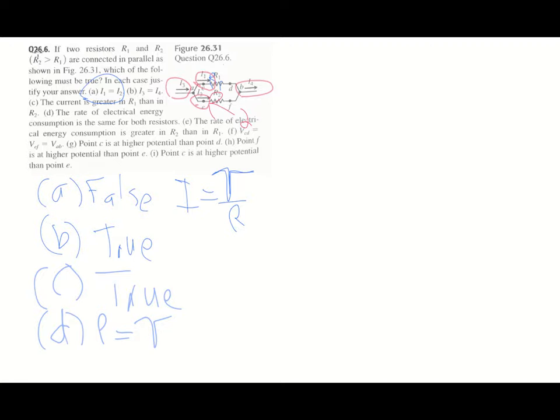That's going to be voltage times current, and the current's going to be V over R, which means it's going to be V squared over R. Well, they're both going to have the same voltage, so this is going to be the same for both of them. But R2 is going to be bigger than R1. So we know they cannot have the same rate of energy consumption. So that's got to be false.